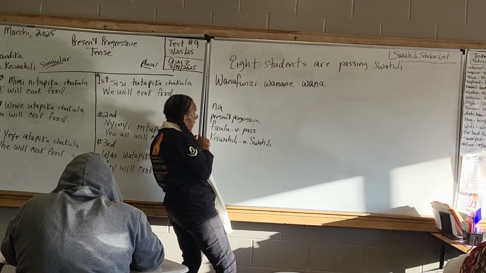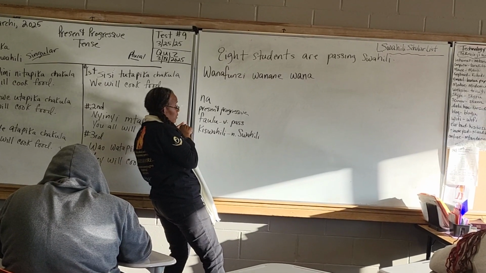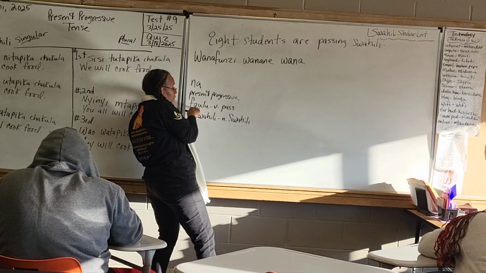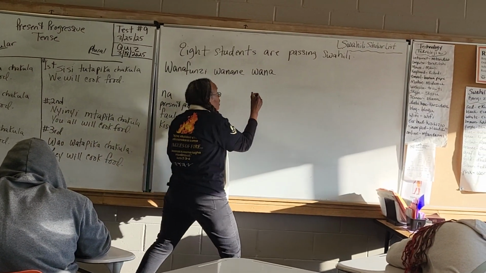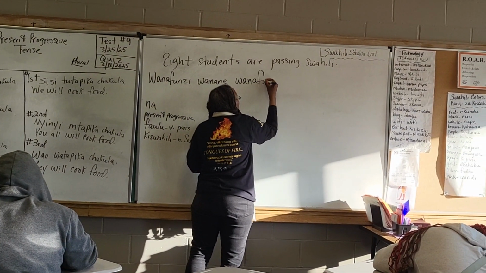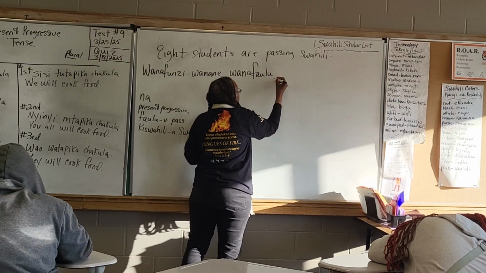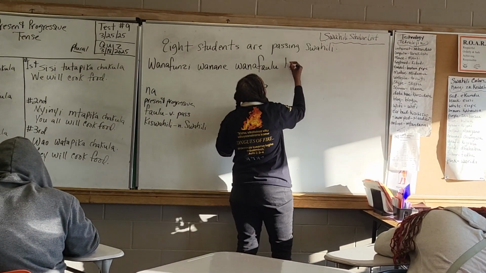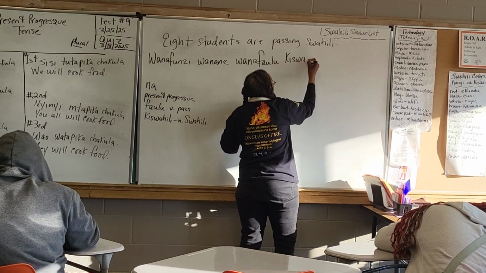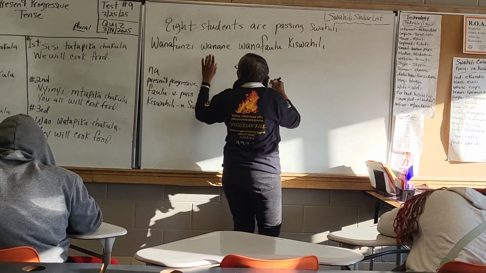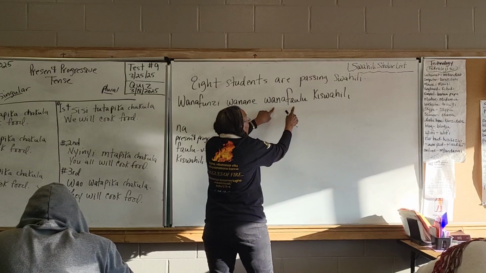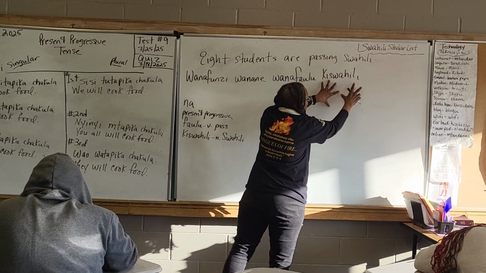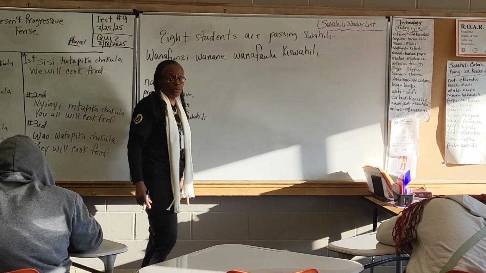And then the verb is? Faulu. Wana faulu. Unasemaje kwa Kiswahili? Kiswahili. Nzuri sana. Very good. Students 8, they are passing. All this right here says they are passing Swahili. That is the answer to your question.